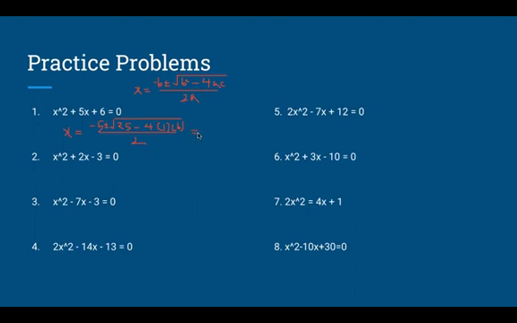Simplifying, it is negative 5 plus or minus 1 over 2. This gives negative 6 over 2, which is negative 3, and also negative 4 over 2, which is negative 2.